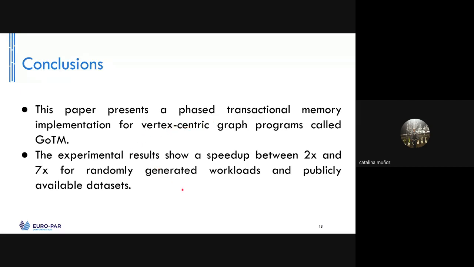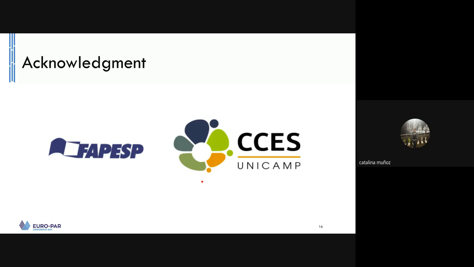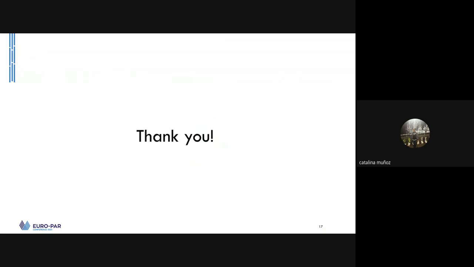And our experimental results show that the speedup is between 2 times and 7 times for some of our workloads. And that's it. This work is funded by the FAPESP and the CCES Research Center.